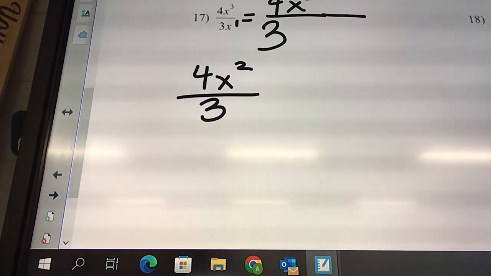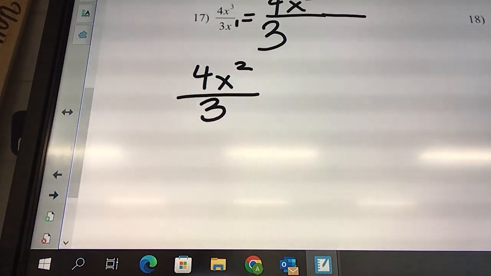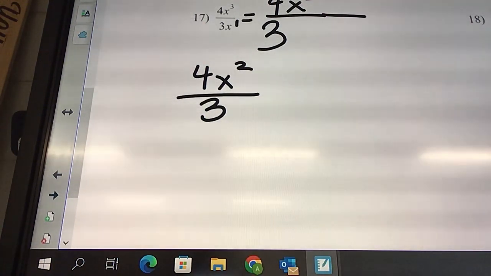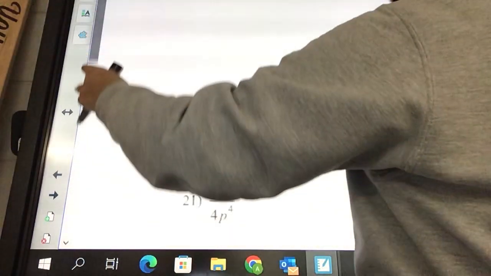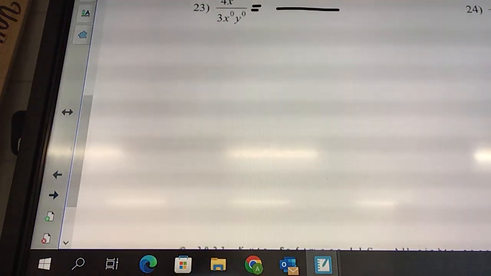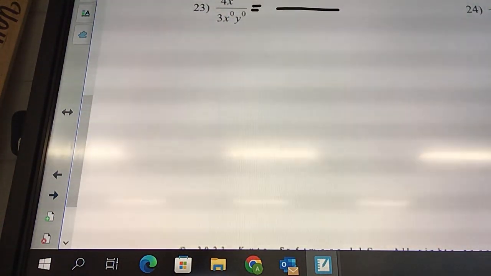Go to number 23. Okay, so first things first, draw your bar. What does 4/3 simplify to? 4/3.